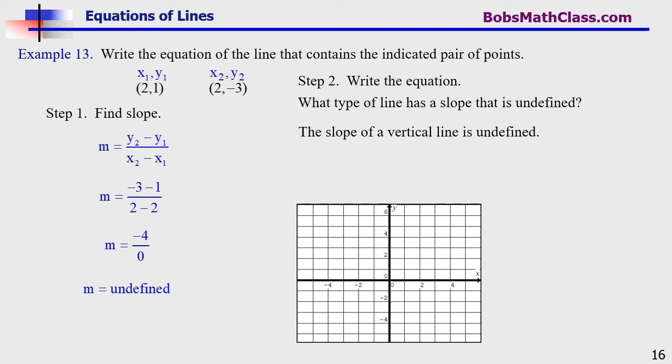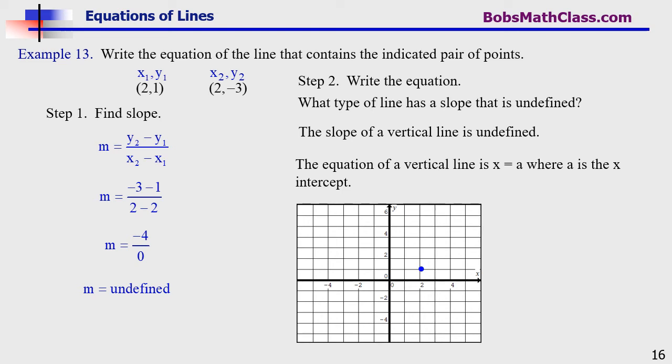Good thing you took notes, right? The equation of a vertical line is always x equals a, where a is the x-intercept. So we want to know, what is the x-intercept? What is the value where x goes through on this line?